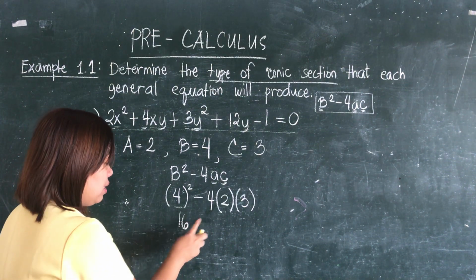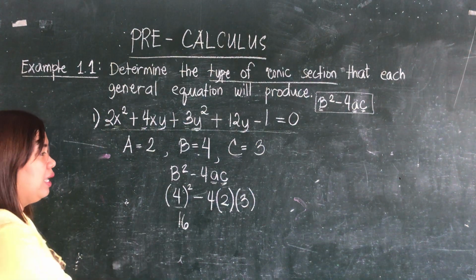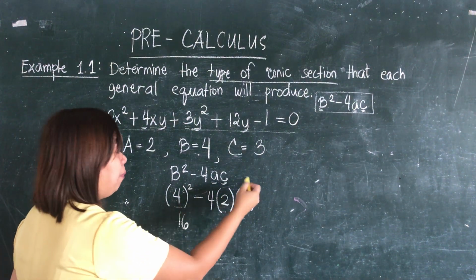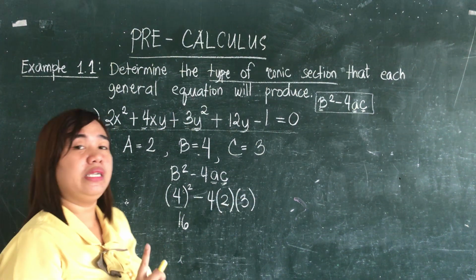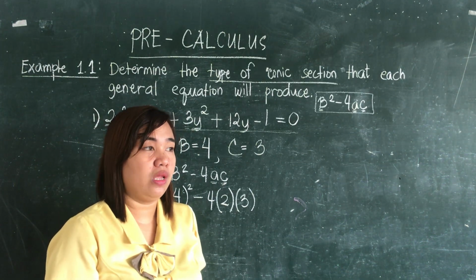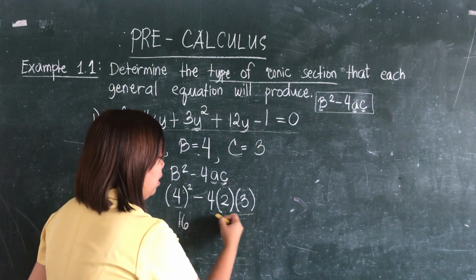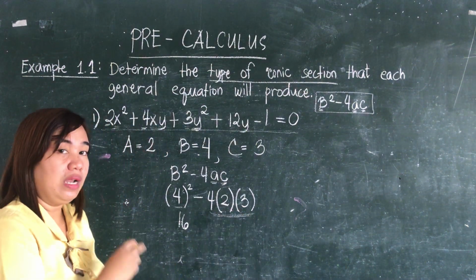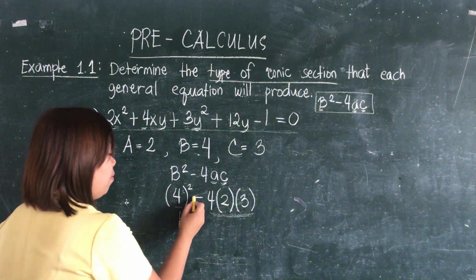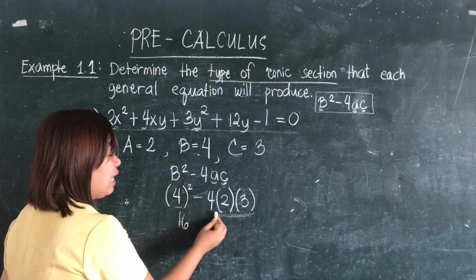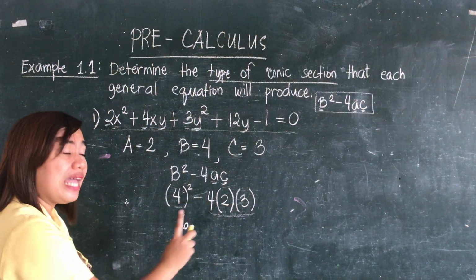Minus, or, let's not put the symbol yet. Since we have parentheses here, it is considered as multiplication. And when you are multiplying, since it is 3 numbers here, let's do just two first. So this minus can be considered as the sign of 4.